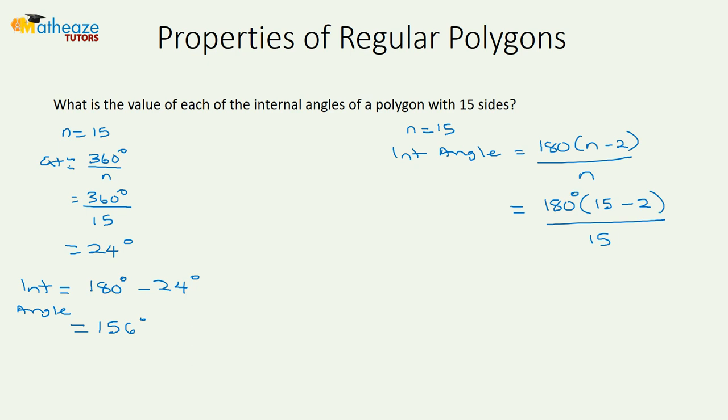So this is going to give us 180 degrees multiplied by 13 divided by 15. If we divide this through, 15 goes into itself once, and goes into 180 12 times. So 12 times 13 is 156, and then we have the degrees.